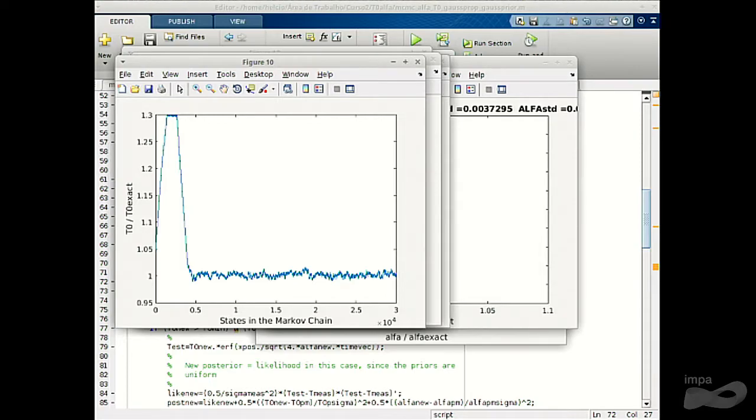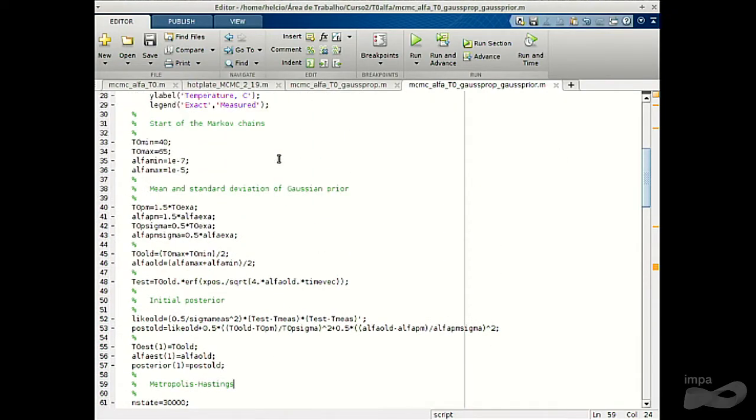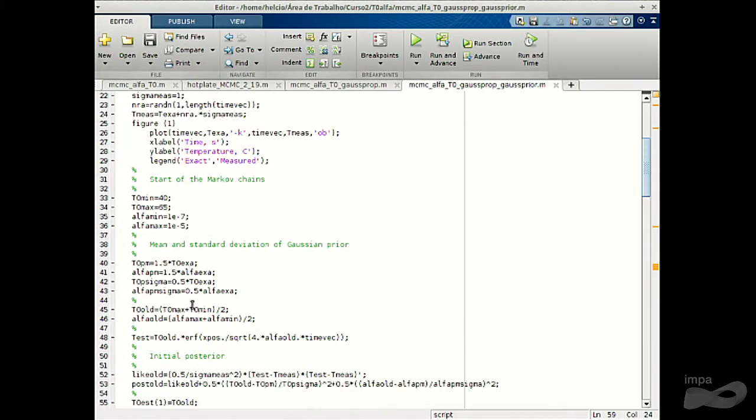Now, let's do a totally different thing, okay? Let's also keep the mean completely offset, okay? But let's assume that I'm completely wrong and I have great confidence in this value, okay?